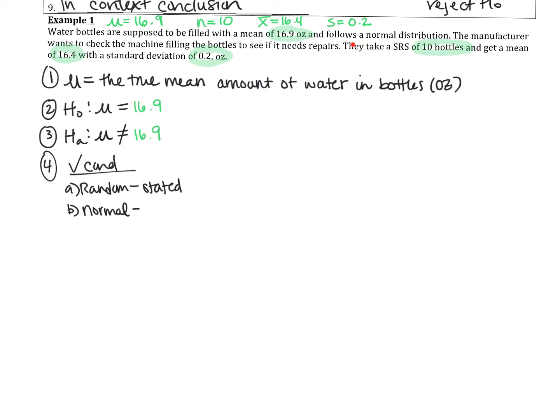It said up here it follows a normal distribution, so it's stated. Yay. Step C, is sigma known or unknown? Unknown. Nice. Because I know S, not sigma. And D, 10 has to be less than 10% of that population.